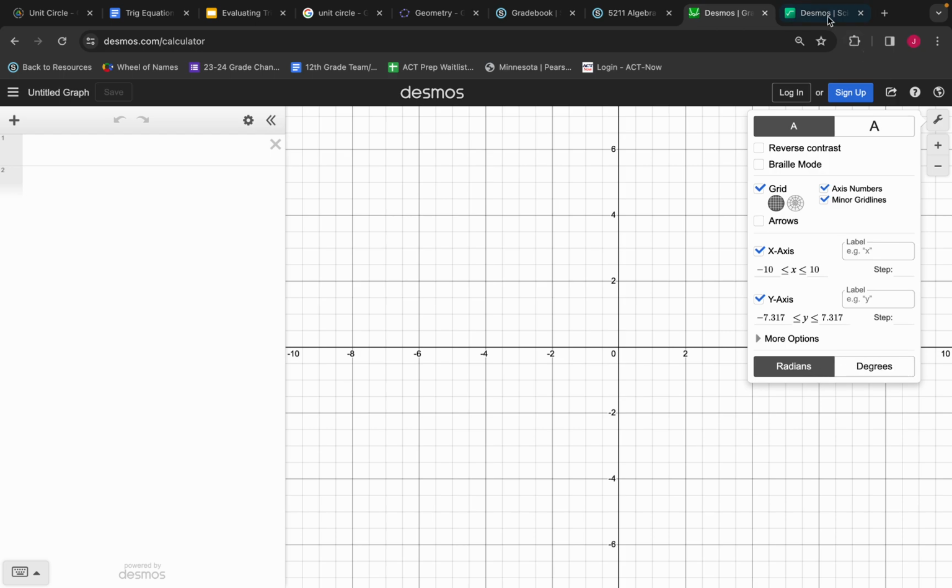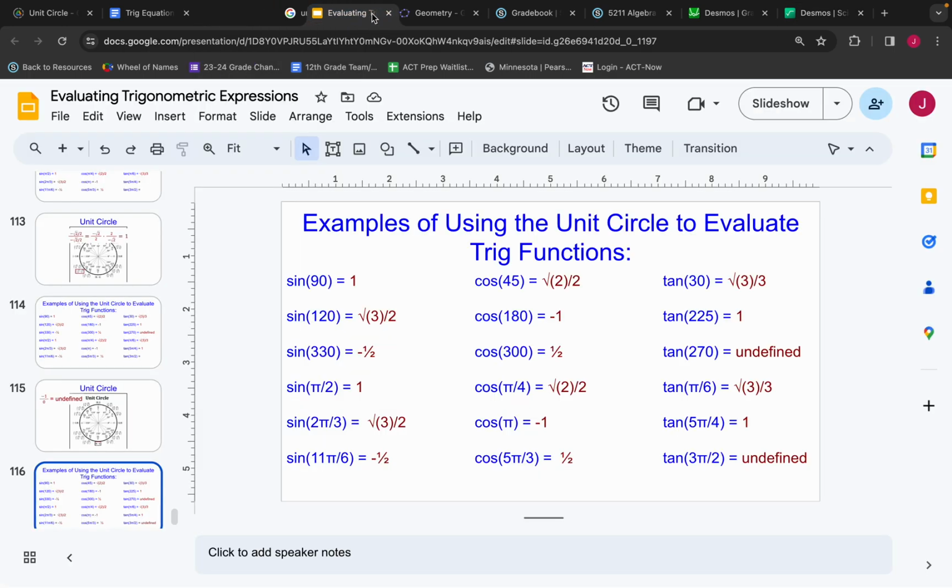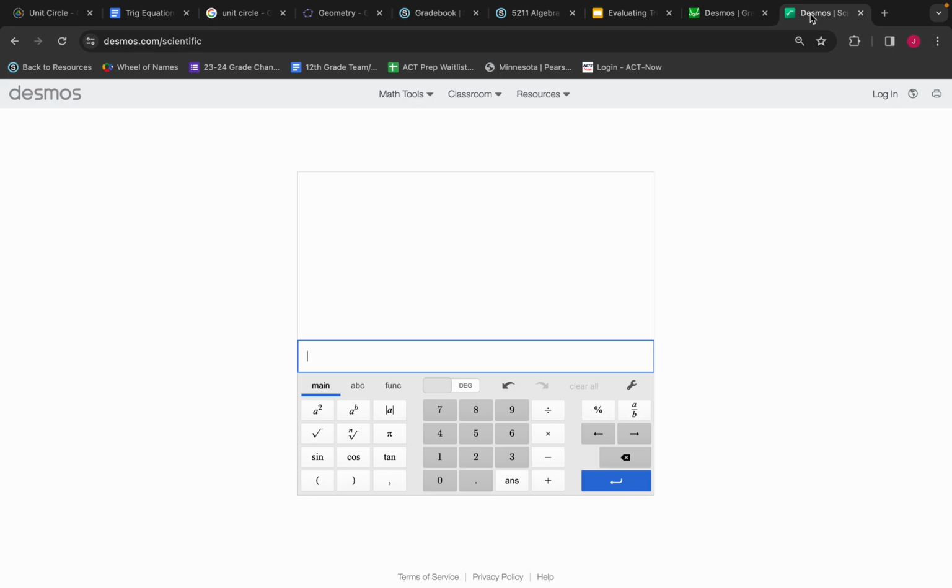So right now it's in radians. I think this one's in degrees. Let me double check. The easiest way to check, well, we know that the sine of 90 should be 1, so let's type that in. Sine of 90, and we get 1, so yes, we are in fact in degrees.